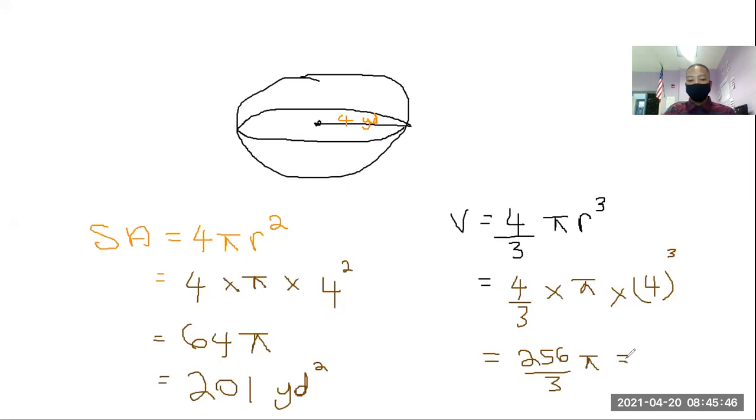When you work this out, you get 268.08. And since it's cubed, the unit is yard cubed. So that's our answer. You could either leave your answer like this or like this.